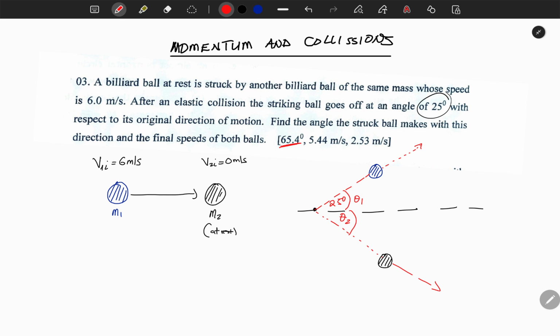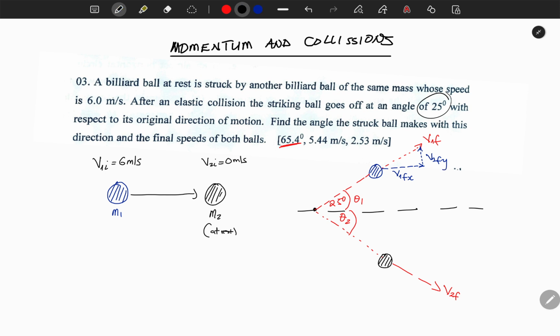Getting the concept, right? So after collision, this one moves at its final velocity, v1f. Also, this one moves at its final velocity, v2f. But there's a problem here. The final velocity is in two components now. There will be the x component and the y component, so there will be v1fx and v1fy.